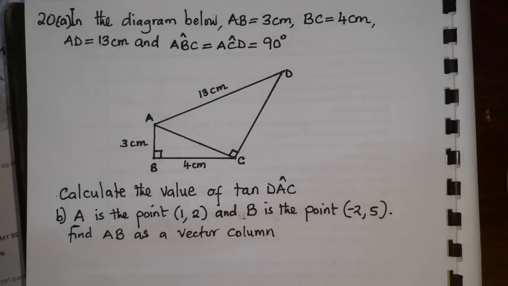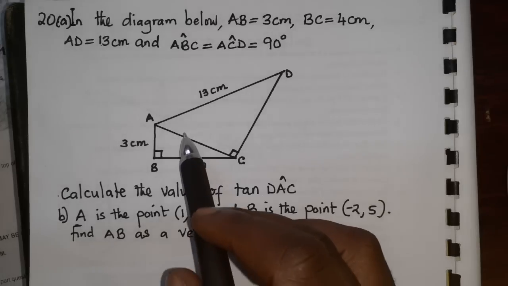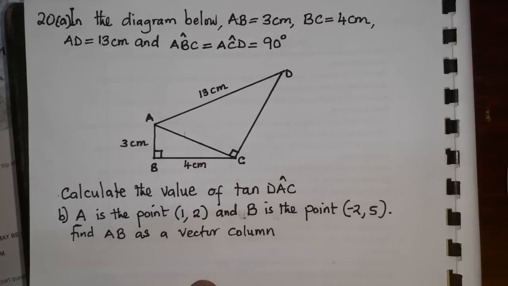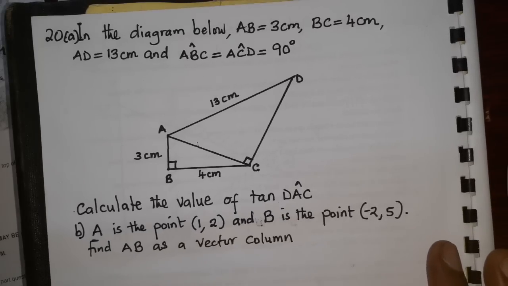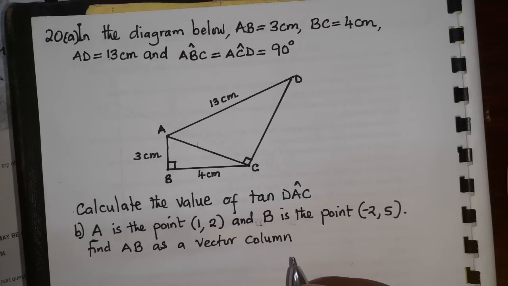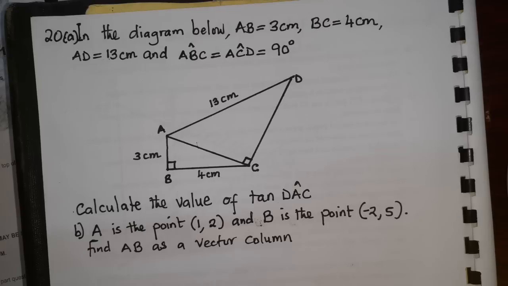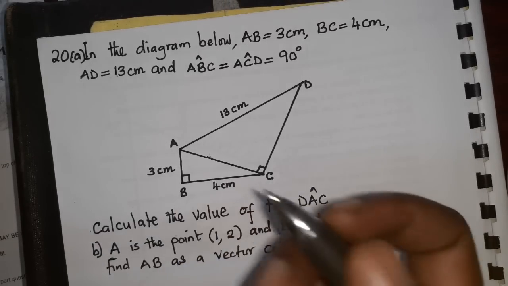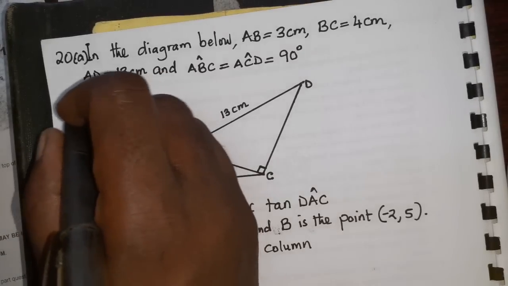We are supposed first of all to find the value of this side. That is very important. Now you know this is Pythagoras theorem, and I do not think that by the time we're in grade 12 we should struggle with it.